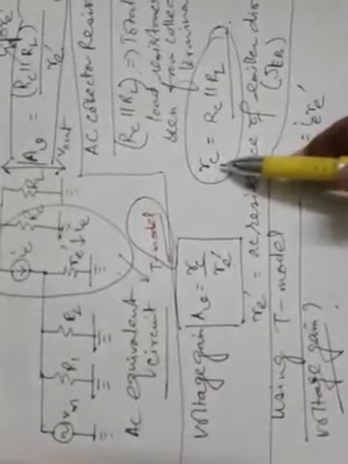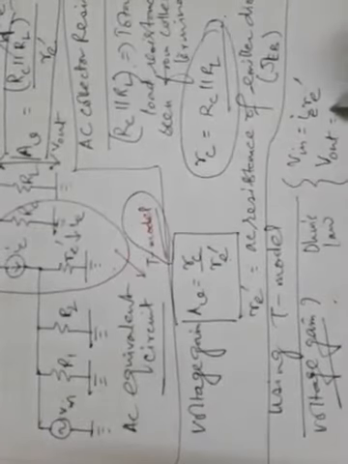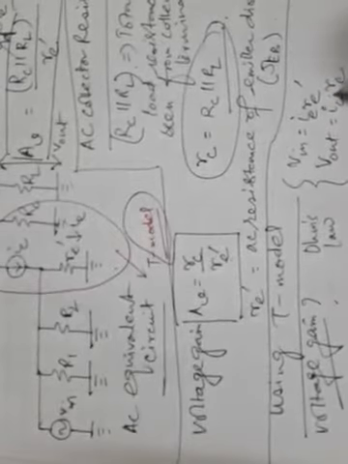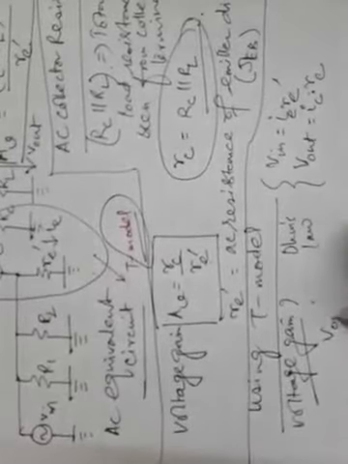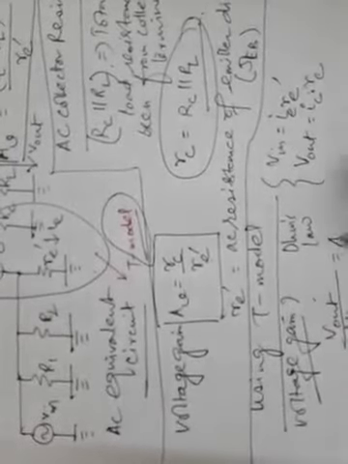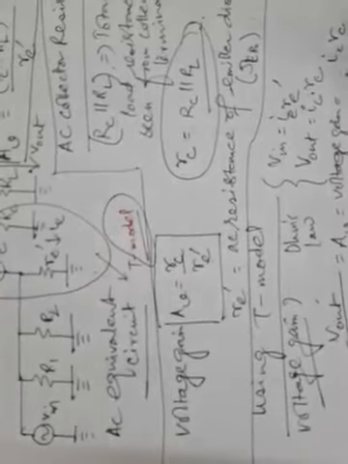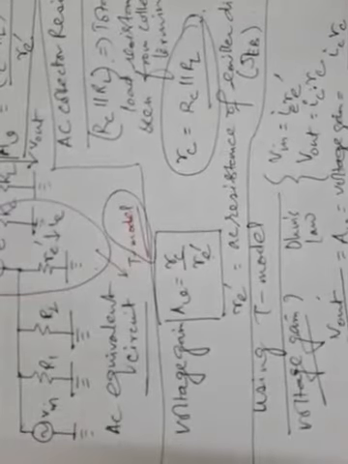So Vout, using the same Ohm's law, can be written as IC, the AC collector current, multiplied by rc, which is the AC collector resistance. Now if we divide Vout by Vin, we should be getting AV, that is the voltage gain, and this should be ic rc, all in small letters, divided by IE re dashed.